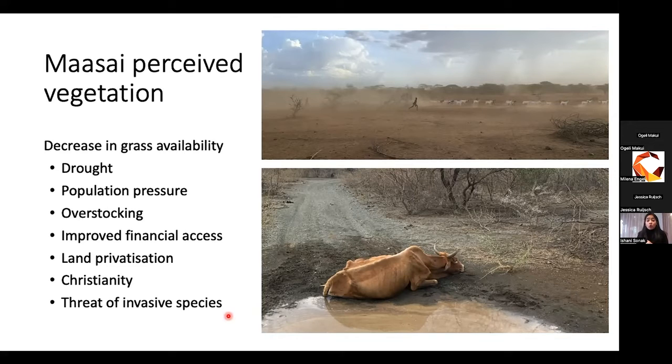And there's also a great threat of invasive species. For example, when I was there, Prosopis was in the SORALO area, not particularly in Amboseli yet, but there was also a fear that the invasive species might take over. So these were certain perceptions about the vegetation that said way more than what the satellite data actually showed.